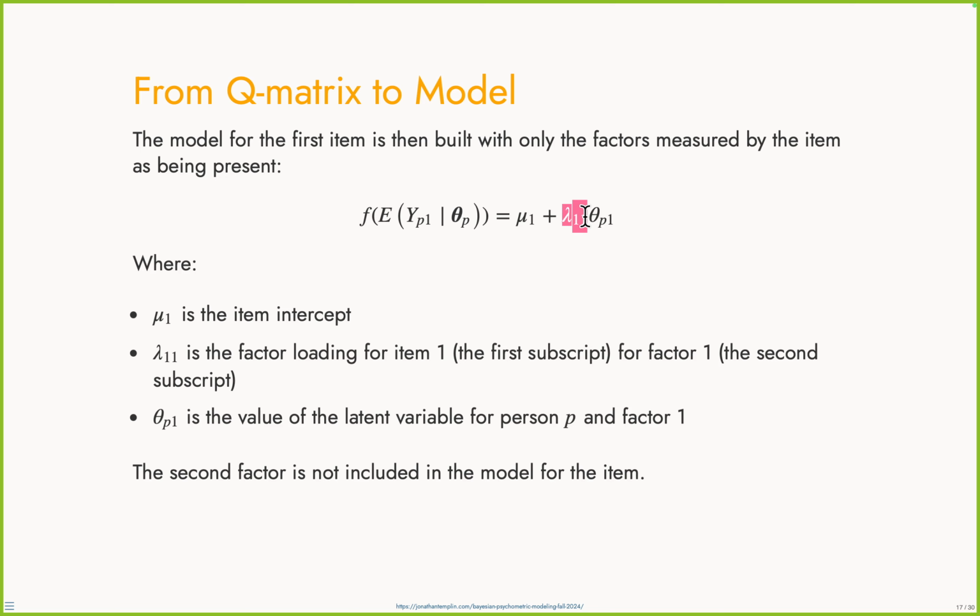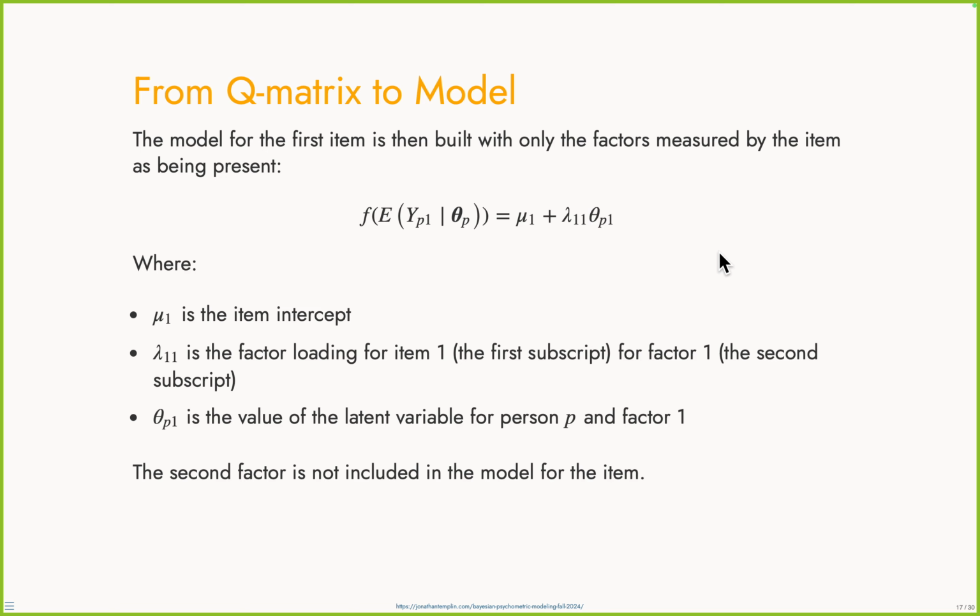It's the same meaning as our regression slope in our linear model from before. The first subscript is the first item, so that's the loading for the first item of the first factor, the second subscript. Finally, theta itself, that is our latent variable for person P, and factor 1 that appears.